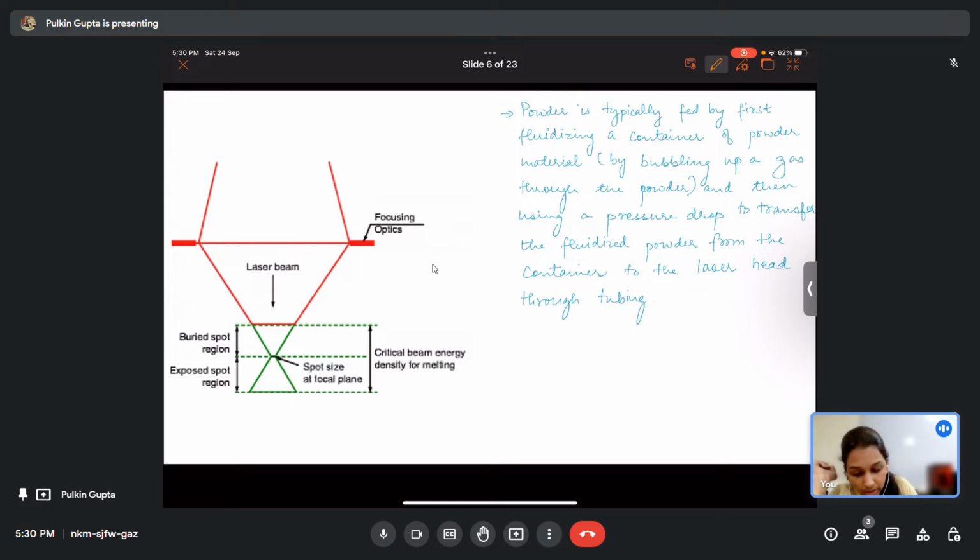Okay, so it is necessary that the energy density of the beam is above a certain critical level to form a melt pool on the substrate.